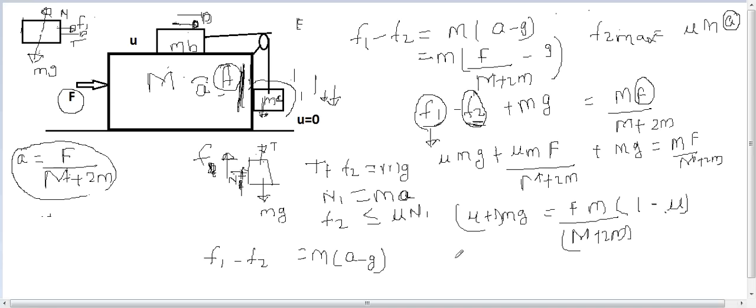Look at this carefully. So what I get here is mu plus 1 g divided by 1 minus mu into m plus 2m. This should be equal to f.